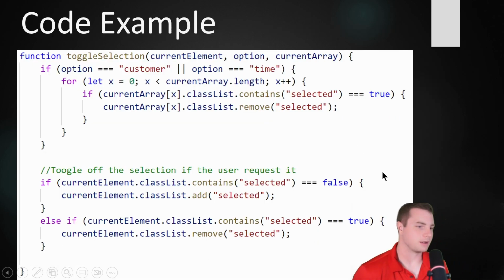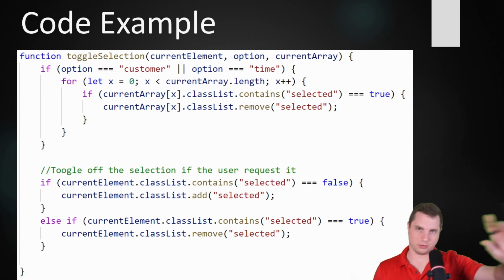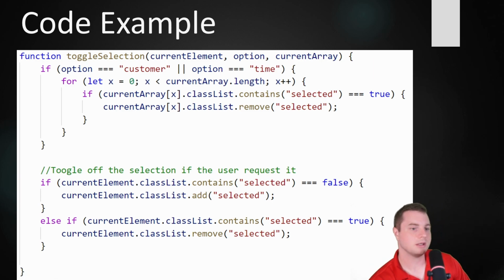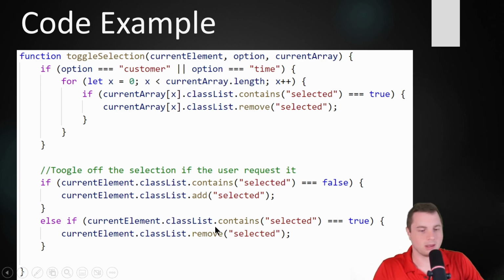Okay, so here's that code example for going through all the options for the times. Now that I'm looking at this again, my future self is certainly better than my previous self. Option customer, option time.